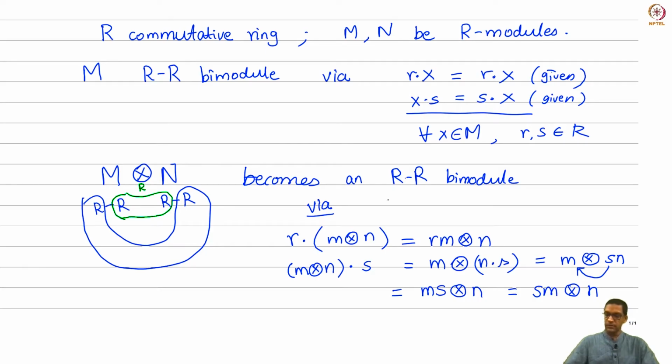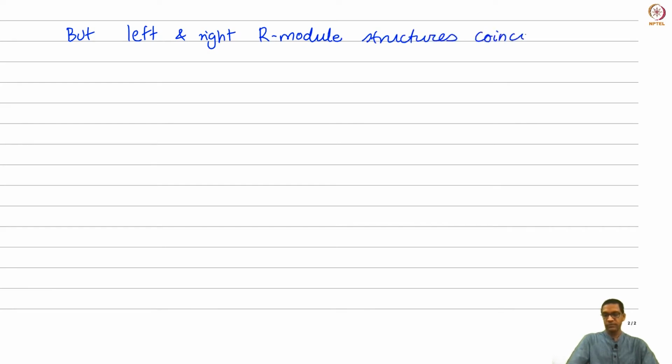So even though we say it's an RR bimodule, in some sense these two structures coincide. So it's only an R module, if you wish. It becomes an RR bimodule, but the left and right R module structures coincide, right? That's what we have seen above. If you put r equals s, therefore we view it only as an R module.